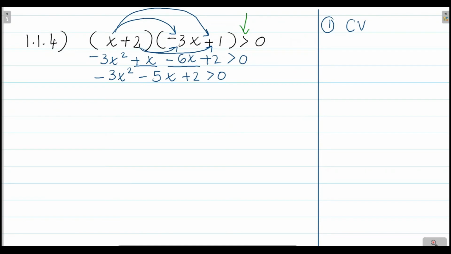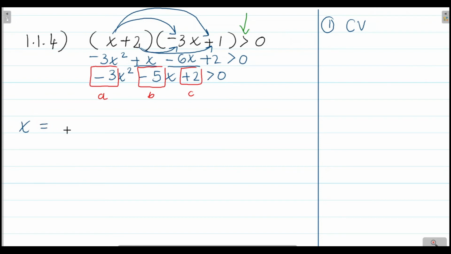So when you use the quadratic formula to find the values of x, we know that this is our a, this is our b, and this is our c. We are simply going to substitute these values into our quadratic formula to find the values of x.